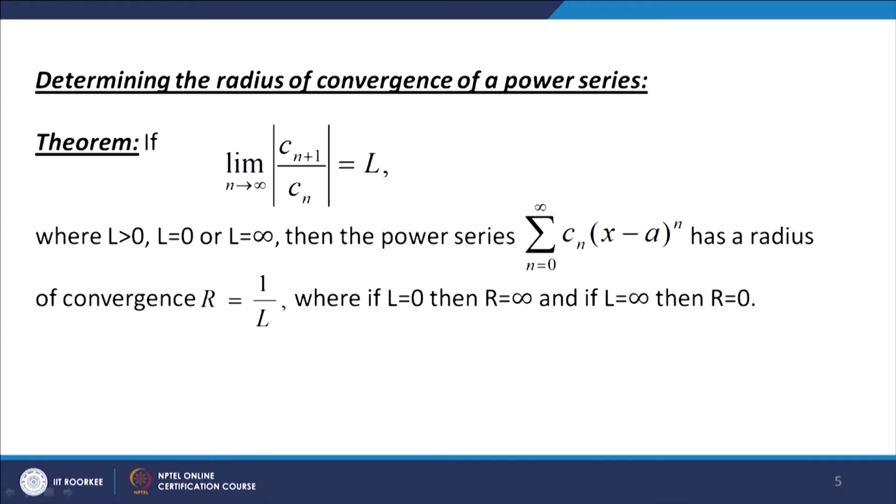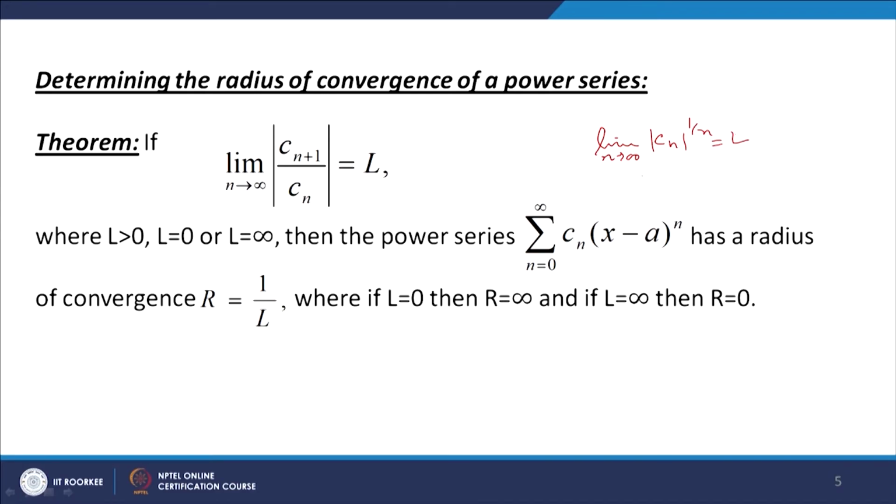In some cases we shall see that it is better to use, instead of this ratio test, the root test, that is, we can find the limit as n tends to infinity of mod of Cn raised to the power 1 by n. If this limit is equal to L, then the conclusion of this theorem will also hold for this root test.